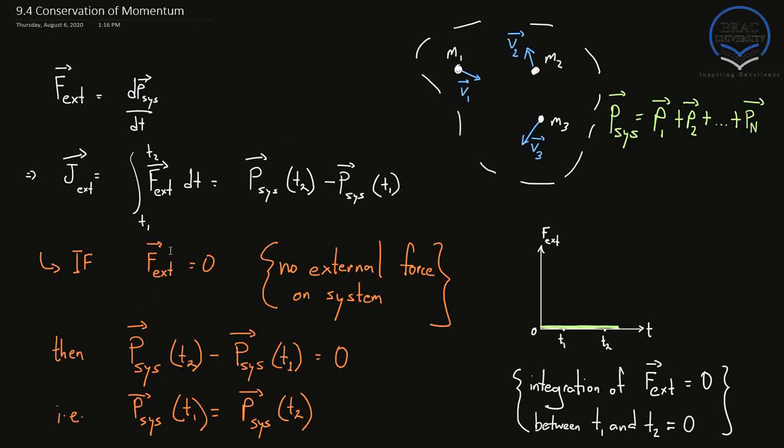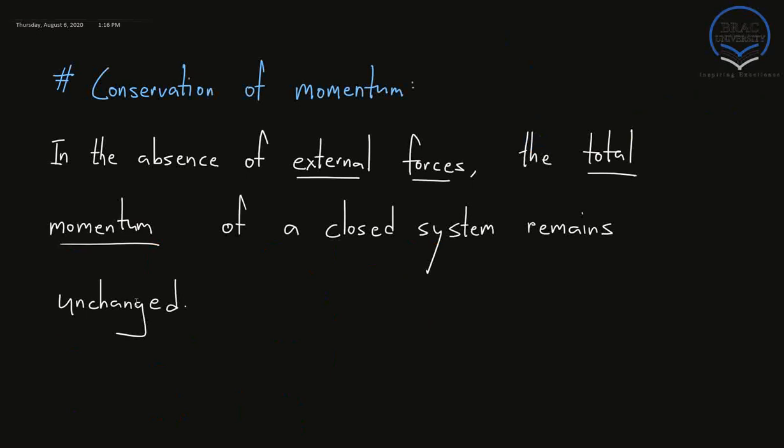In other words, if there are no external forces acting on this system, you have p system at time t2 minus p system at time t1 equal to 0, or p system, the total momentum of the system at time t1, equals the total momentum of the system at time t2. And this is precisely the conservation of momentum. In other words, in the absence of external forces, the total momentum of a closed system remains unchanged.